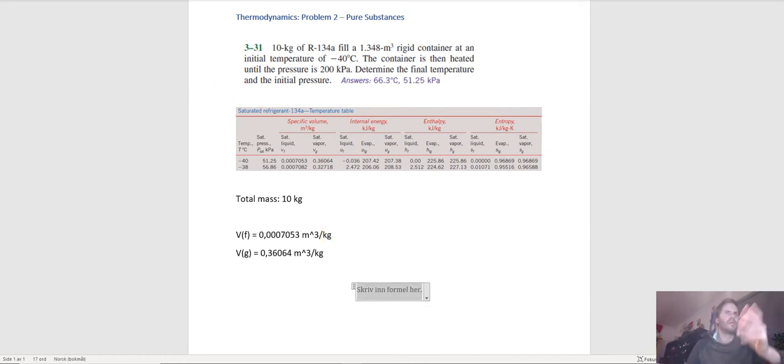Let's write it. The mass would be 1.348 cubic meters divided by 0.36064 cubic meters per kilo. The cubic meters disappear and we have kilos.